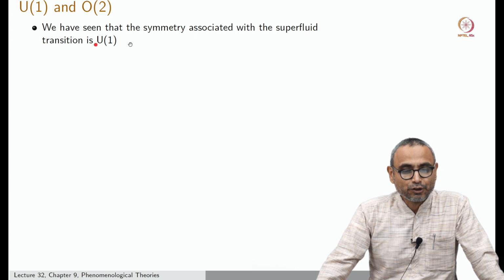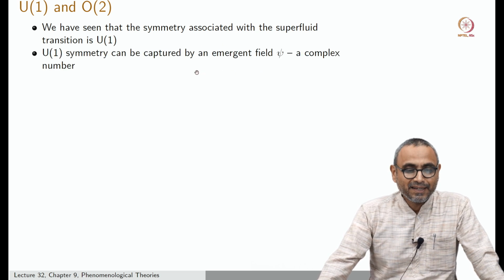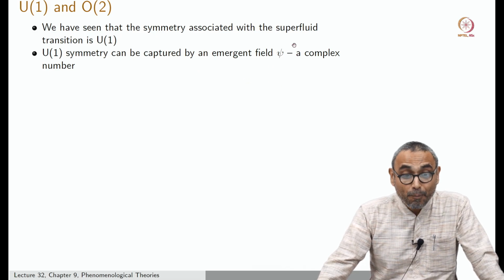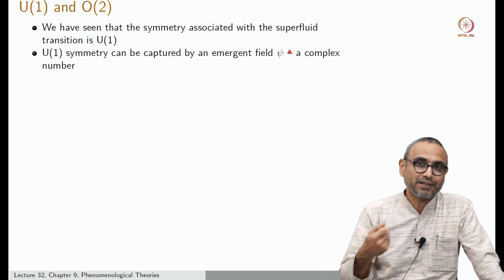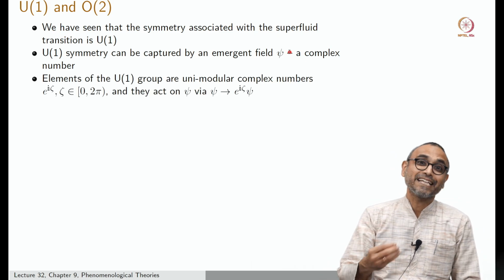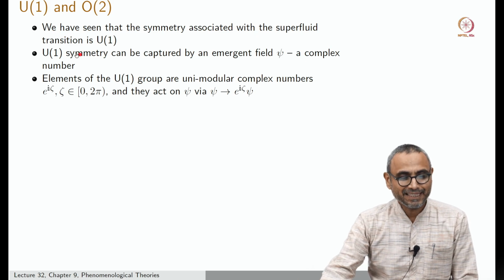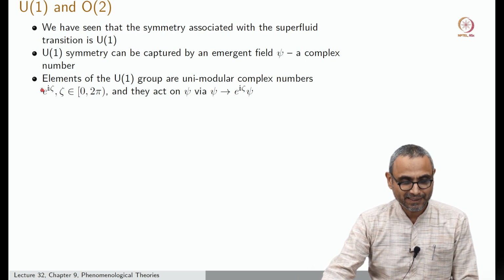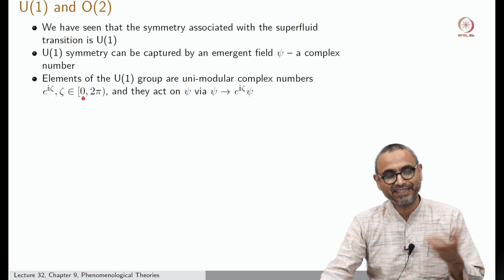Okay. So we have seen that the symmetry associated with the superfluid transition is U1. U1 symmetry is typically captured by an emergent complex field. Just a single complex number is good to capture U1 symmetry for me. How do I say that? If you look at the elements of the U1 group, one simple way of representing them is by a unimodular complex number e to the i zeta, where zeta is some angle between 0 to 2 pi.